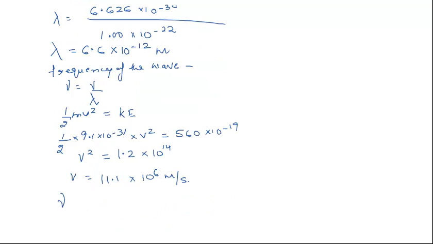Now you need to find the frequency, and the frequency will be equal to the velocity which you have calculated, 11.1 into 10 to the power 6, divided by the wavelength, 6.6 into 10 to the power 11 meters.